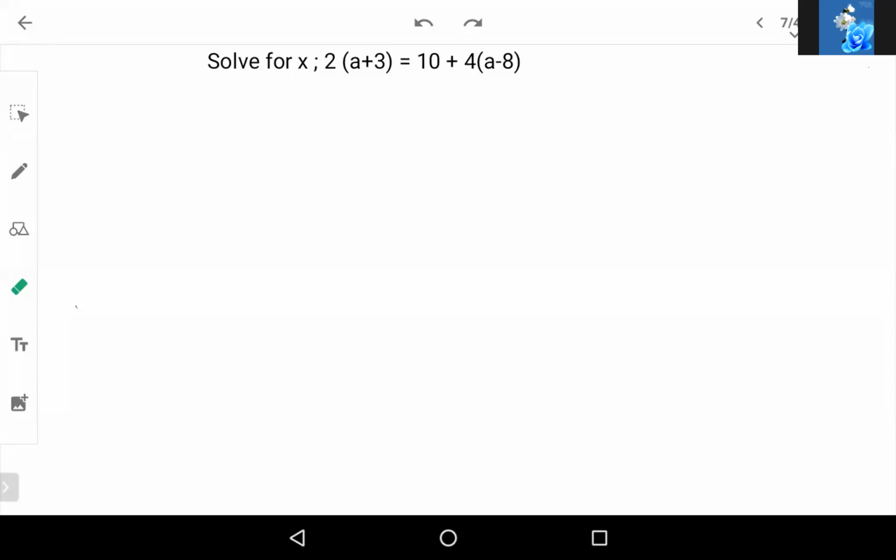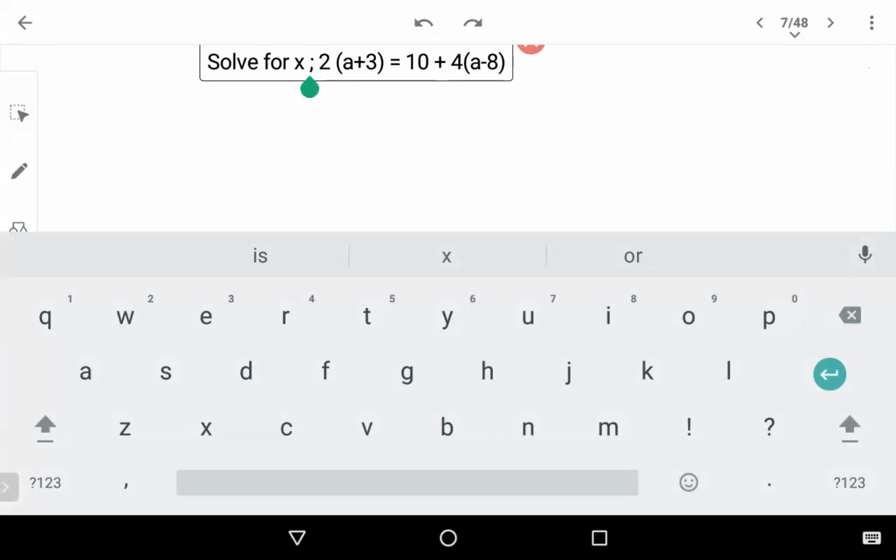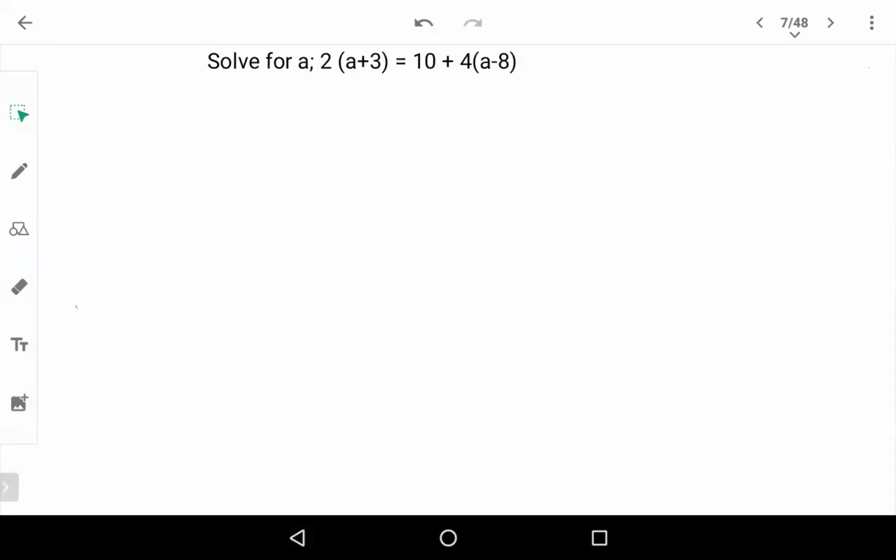Okay, what is 14? a is equal to 14. Oops, sorry, this was solve for a. It's not solve for x. Okay, solve for a. a is equal to 14.